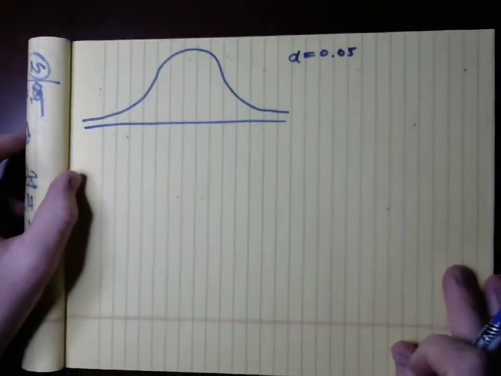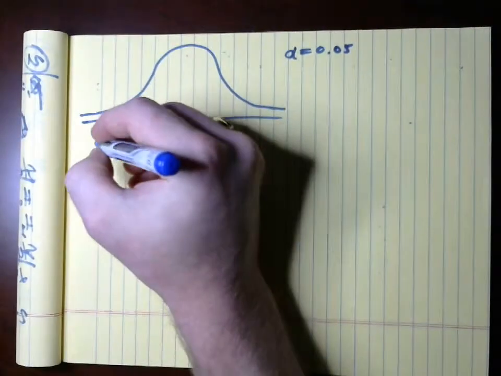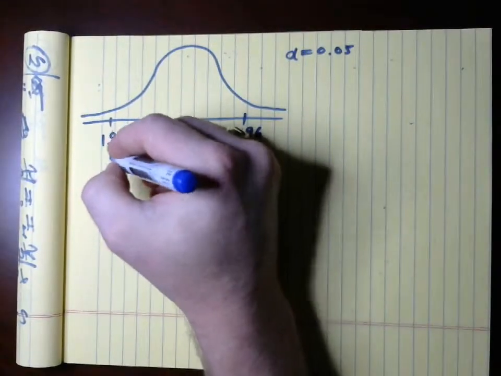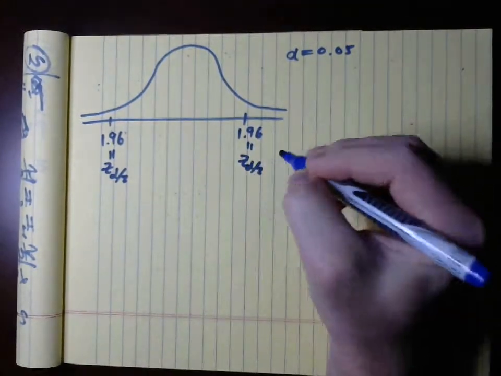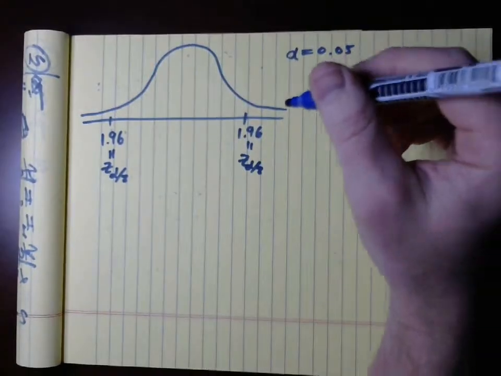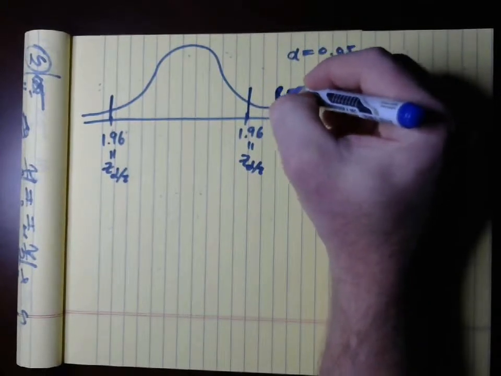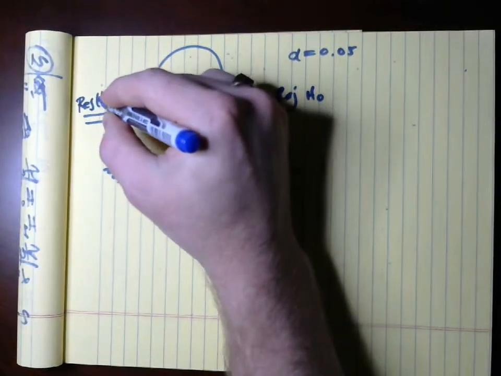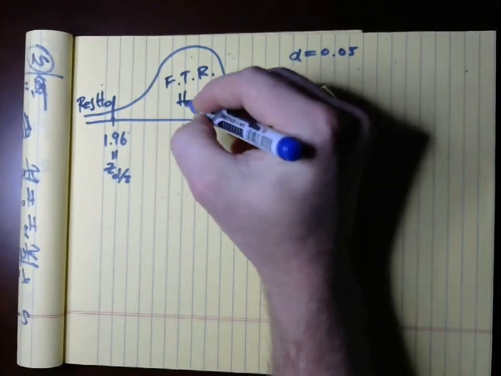That would give us, for a two-tailed test, the critical values of 1.96 and 1.96, and that is equal to Z alpha over 2. Okay? Those are the critical values. So this is the boundary of reject and fail to reject. So this would be the reject H naught over here, and reject H naught over here, and this is the fail to reject H naught in the middle.